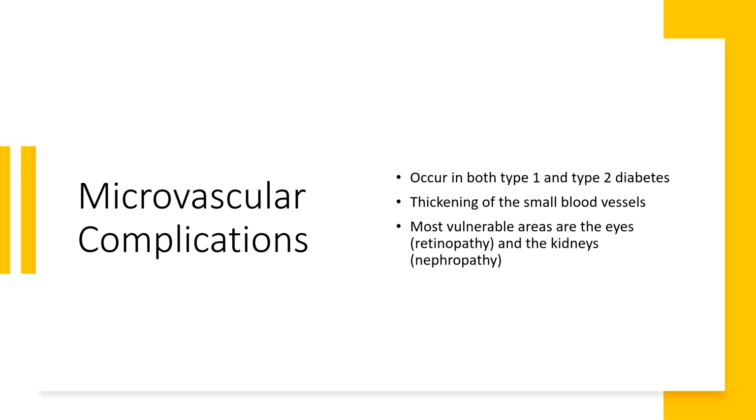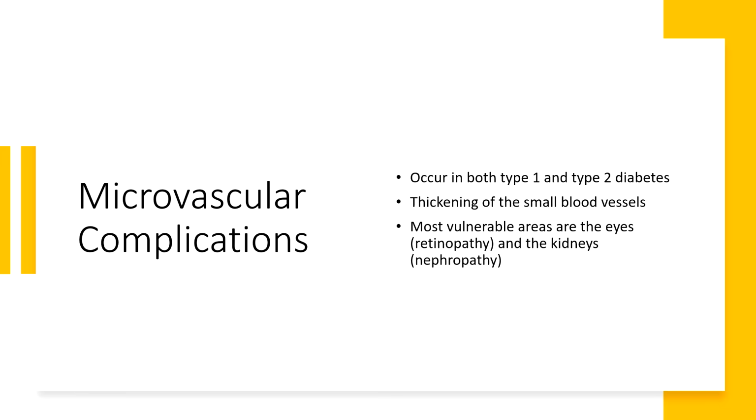So let's talk about microvascular complications. These occur in both our type 1 and type 2 diabetes, and usually it results from the thickening of the basement membrane of the capillaries, right? That's where we have the exchange between nutrients and waste.